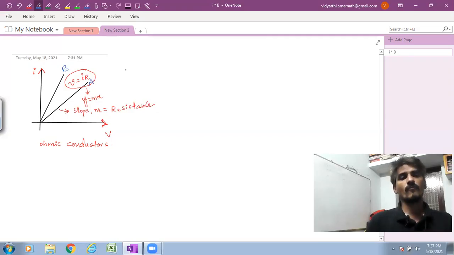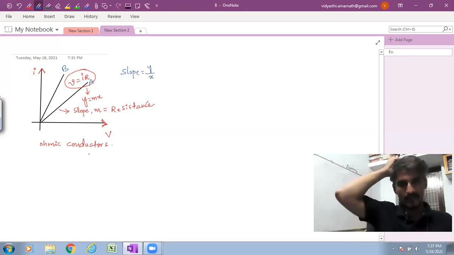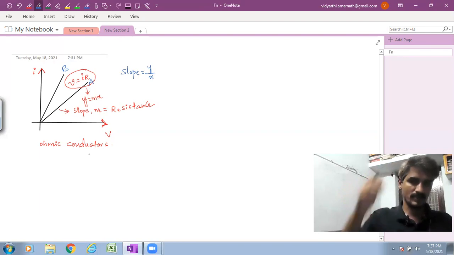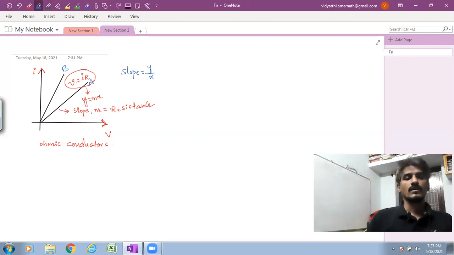Because the slope formula is y by x. If it is a straight line, we can write it as y by x. For B, the y value is more and the x value is less, so obviously the y by x value is more for B. That's why the resistance is more for B here.